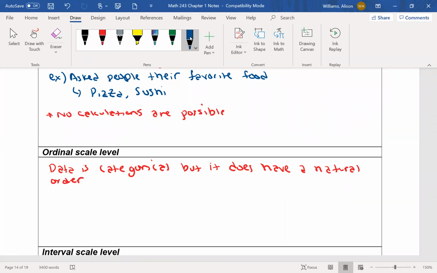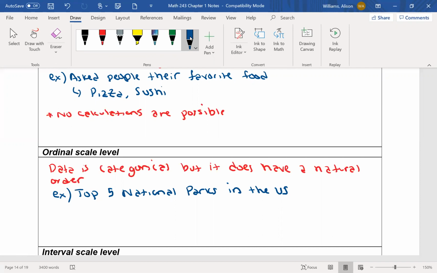For example, the top 5 national parks in the US. That has order. When you have a first, second, third, fourth, and fifth, that actually has an order and meaning. So this naturally has an order, just the way it's classified, but it's also categorical.